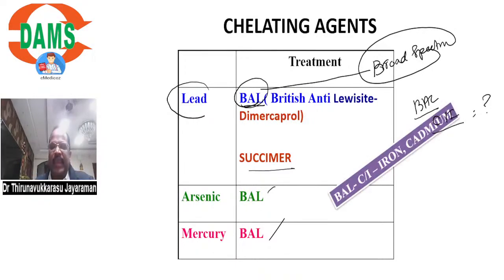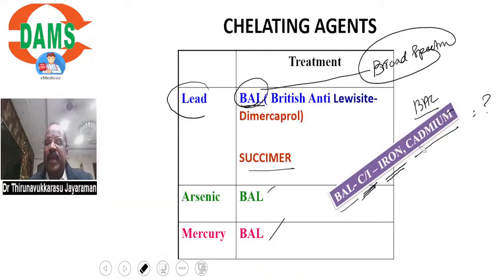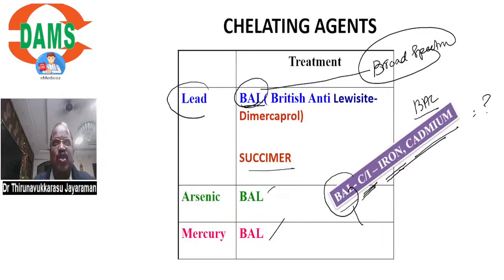Remember, BAL therapy is contraindicated for iron poisoning and cadmium poisoning. Yes, good. For iron poisoning and cadmium, we should not use it, because if we give BAL it forms a toxic compound causing more problems.